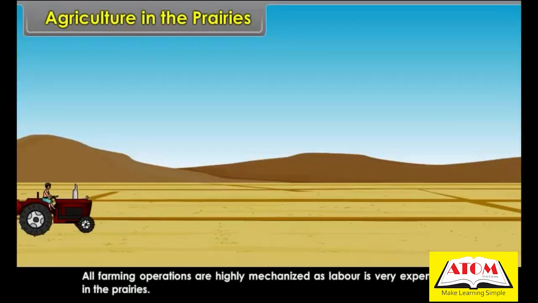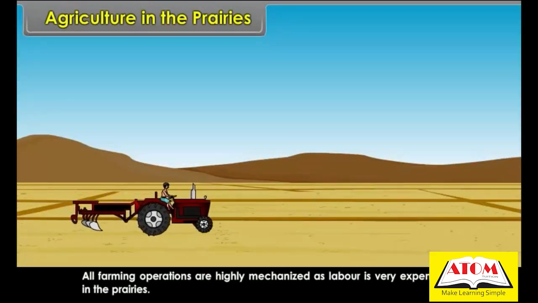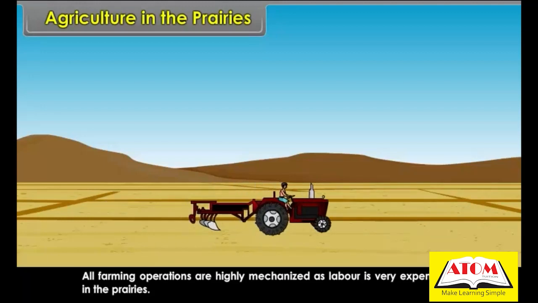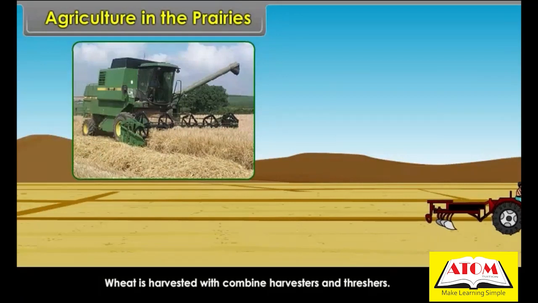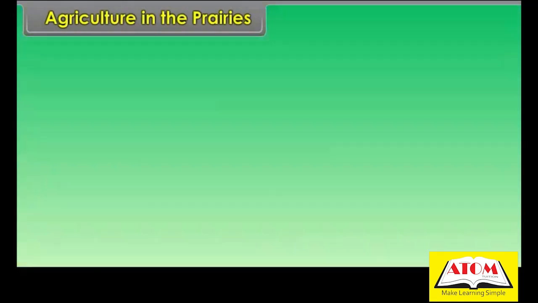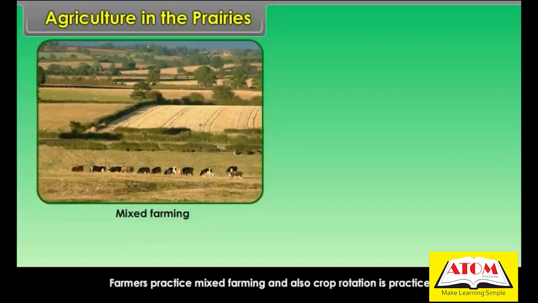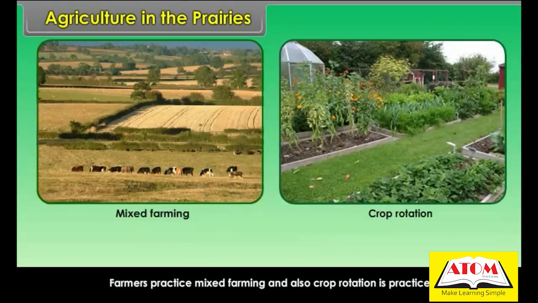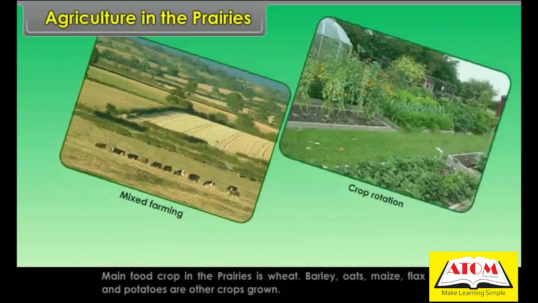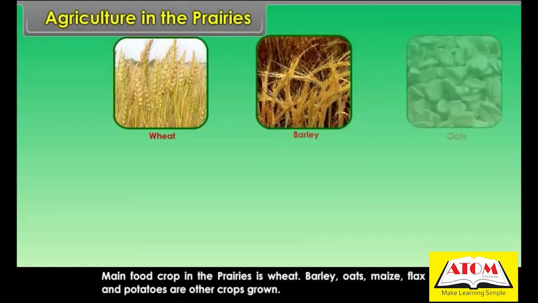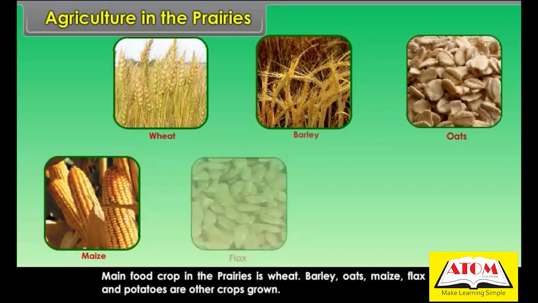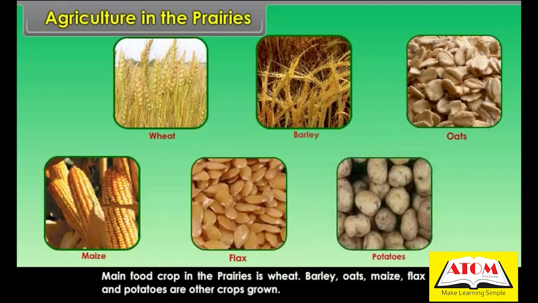All farming operations are highly mechanized as labor is very expensive in the prairies. Wheat is harvested with combine harvesters and threshers. Farmers practice mixed farming and also crop rotation. The main food crop in the prairies is wheat. Barley, oats, maize, flax and potatoes are the other crops grown.